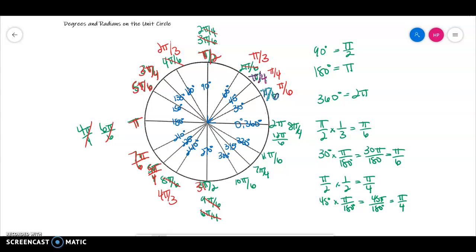This I already had simplified at 3 pi over 2. 10 pi over 6. 10 over 6 is 5 pi over 3. 7 pi over 4. 11 pi over 6. And then again, my 2 pi is my neatest one. And so again, quite a few of these just stay as they are, and a few other ones just need to be simplified.